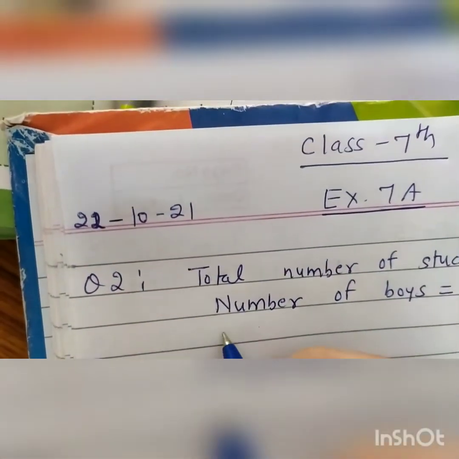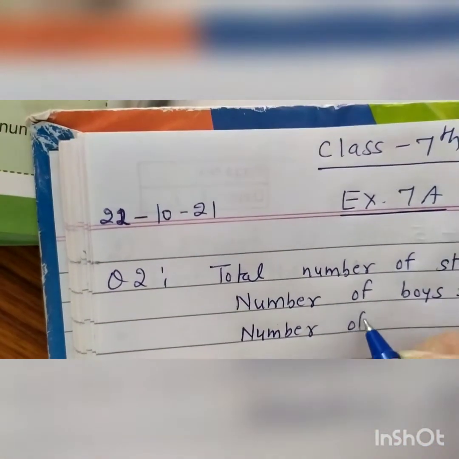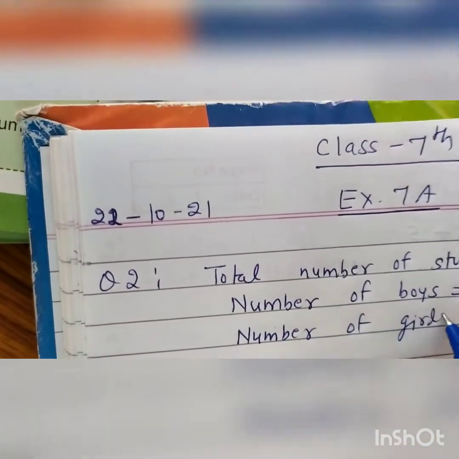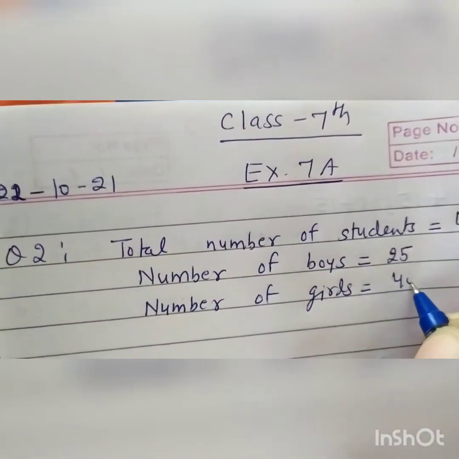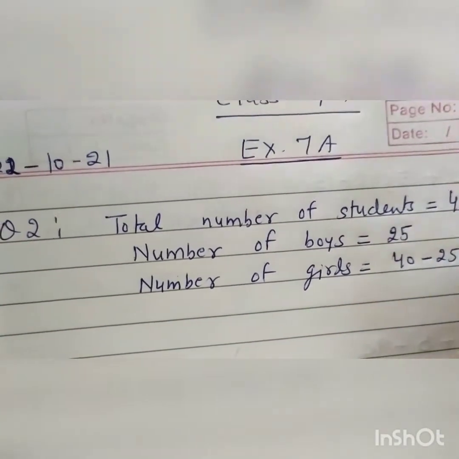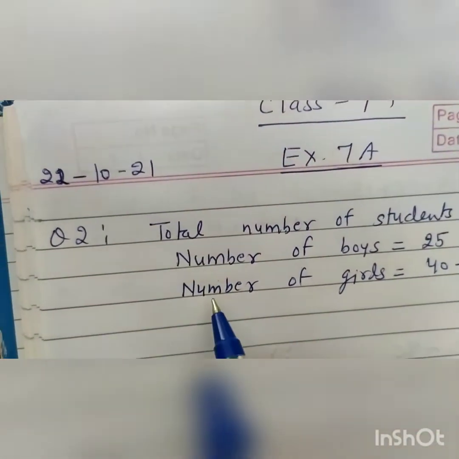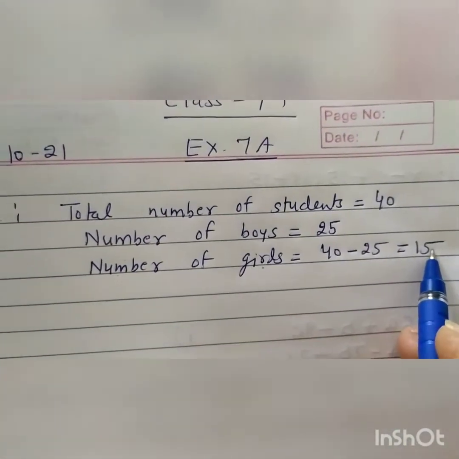So first we will find out the number of girls. We can find the number of girls by subtracting. We will subtract this 25 from 40. Then we will get 15. It means the number of girls in the class is 15.